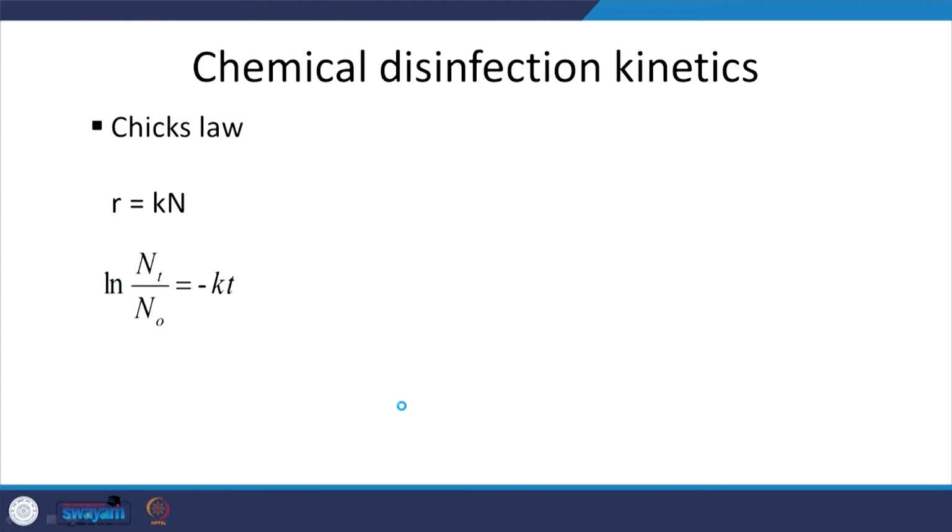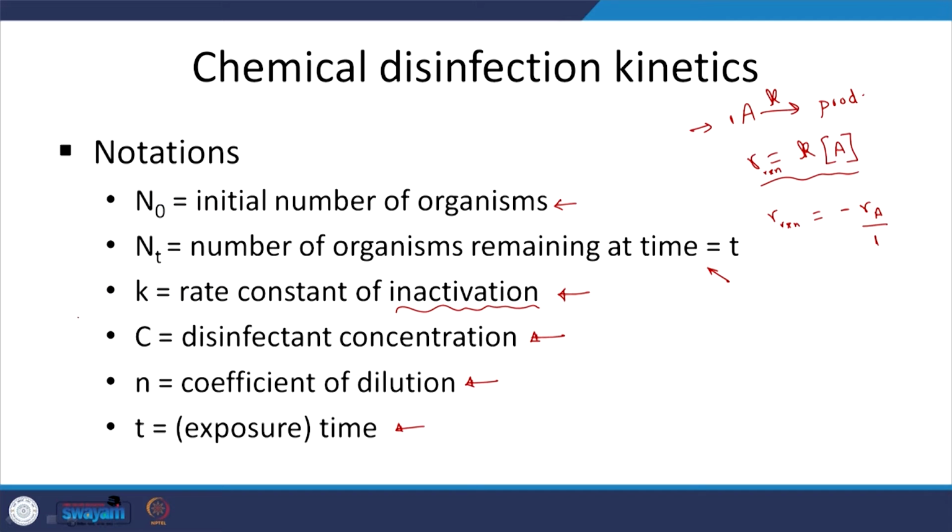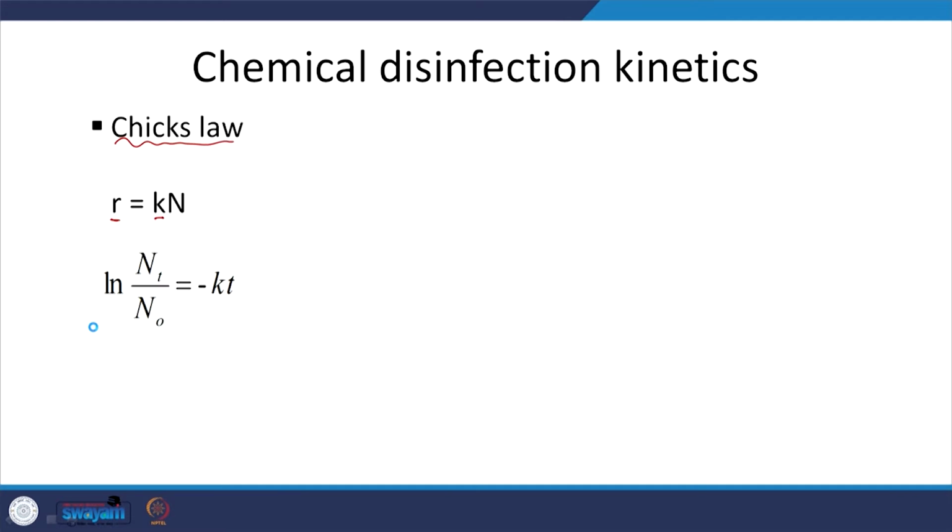Long ago, Dr. Chick, or Chick's law, tells us that the rate of inactivation depends upon the rate constant for inactivation and the number of microorganisms. So, N goes to products, you can think of it, again this is an analogy, this is not a chemical reaction here. The rate is like this. So, if you put that into a batch reactor, for a batch system, you know what the mass balance is?